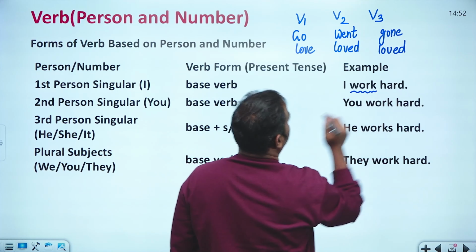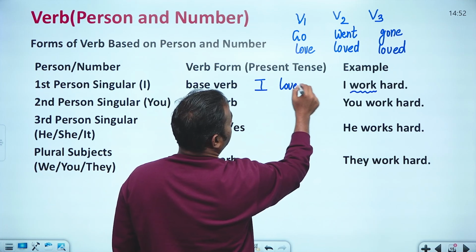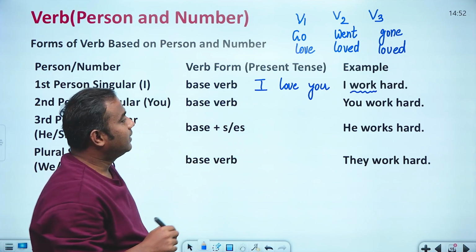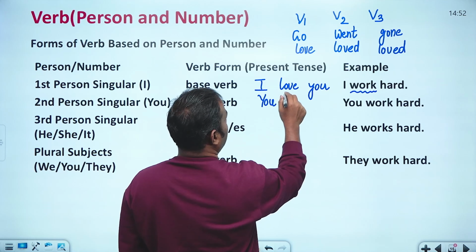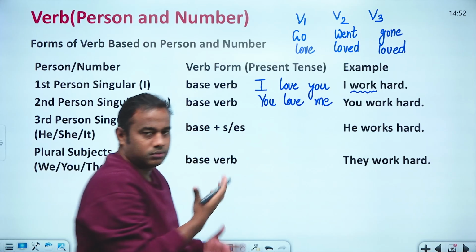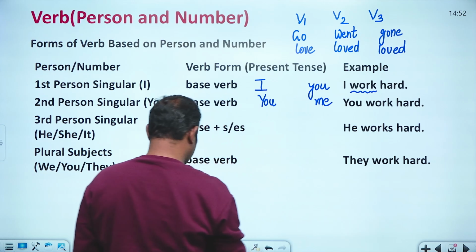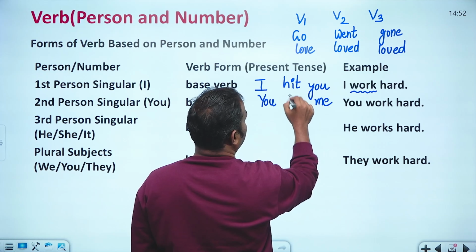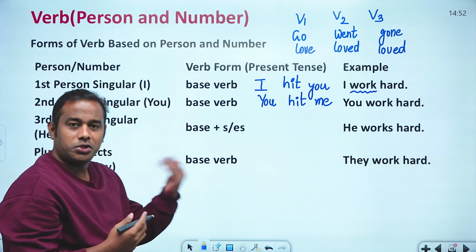I love you. Then likewise, you love me. Why take the same word every time here? You can write you hit me, I hit you. Okay, I hit you, you hit me.